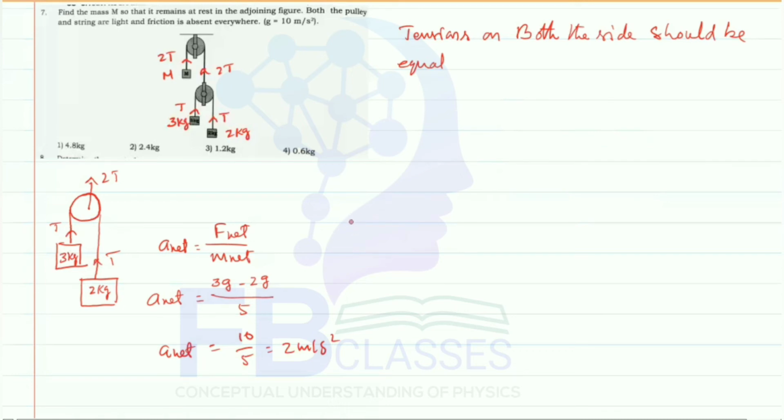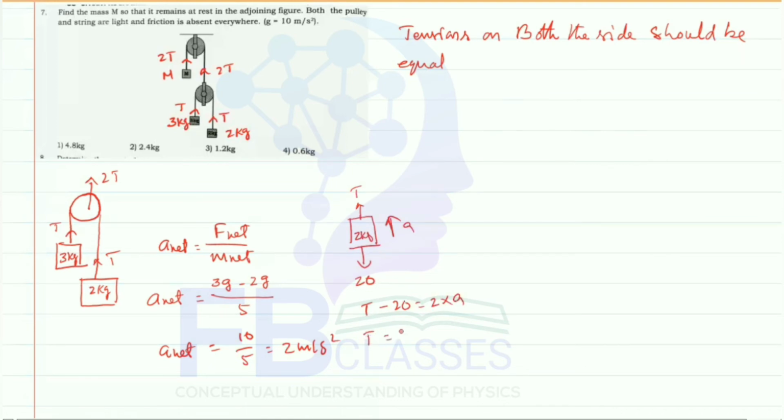Now I am going to find out the tension. Okay, see here, downwards is 20. So for the 2g block, tension is in the upward direction. Now acceleration is also in the upward direction. So the equation comes as T minus 20 is equal to 2 into a.